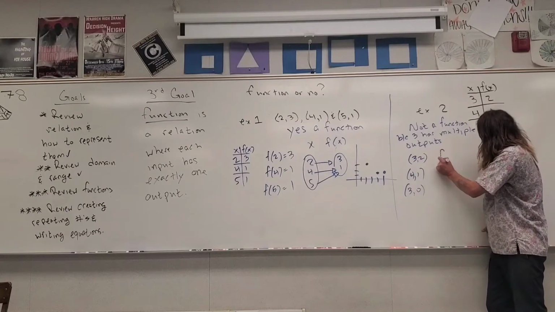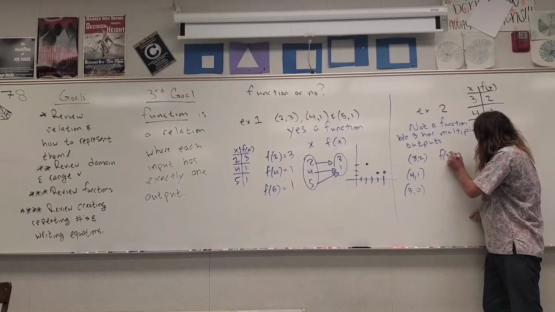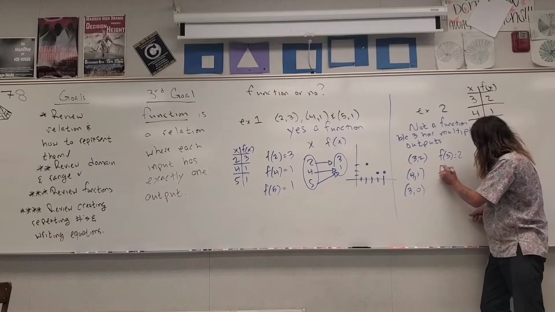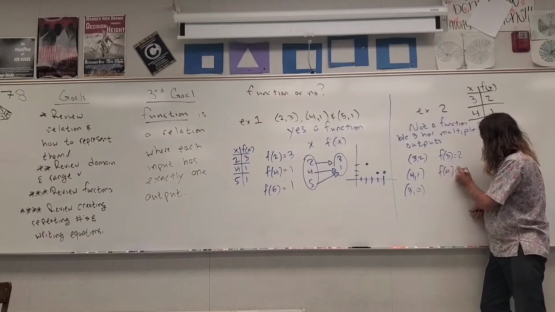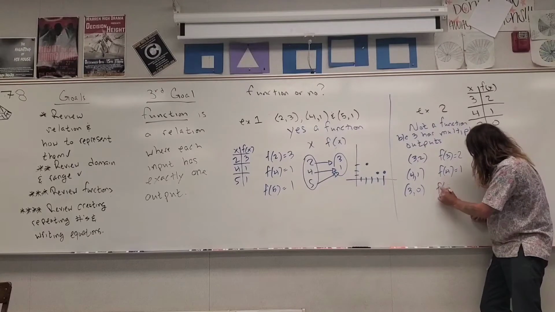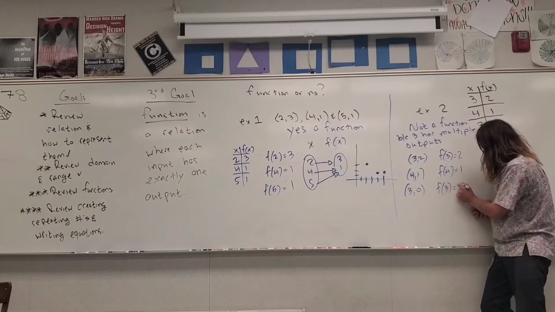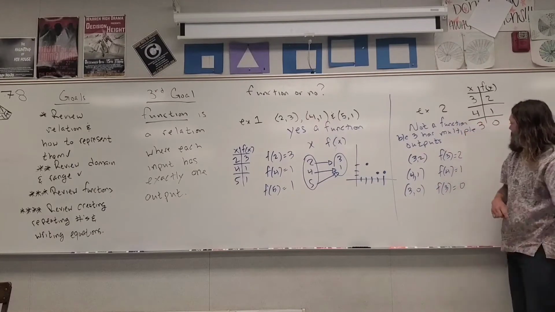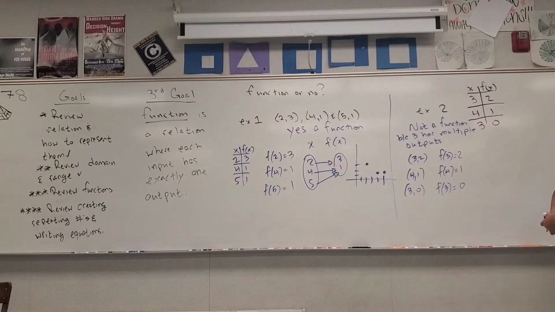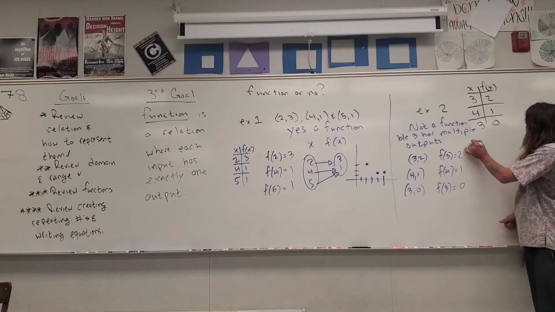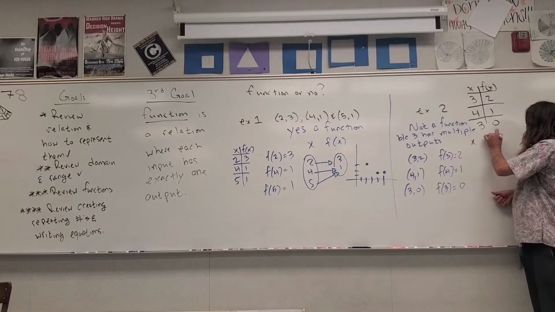In function notation, f of 3 goes to 2, f of 4 goes to 1, and again here I have the repeating x, and that goes to 0. Repeating x's tell me that it's not a function. If I write this as a mapping diagram, there's my x, and here's my f of x.